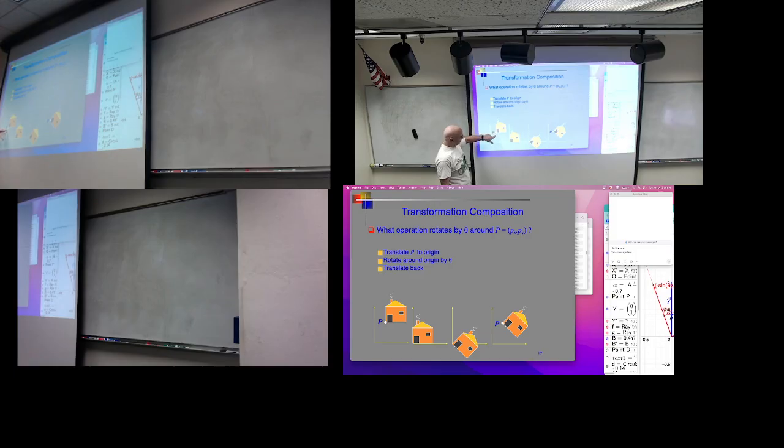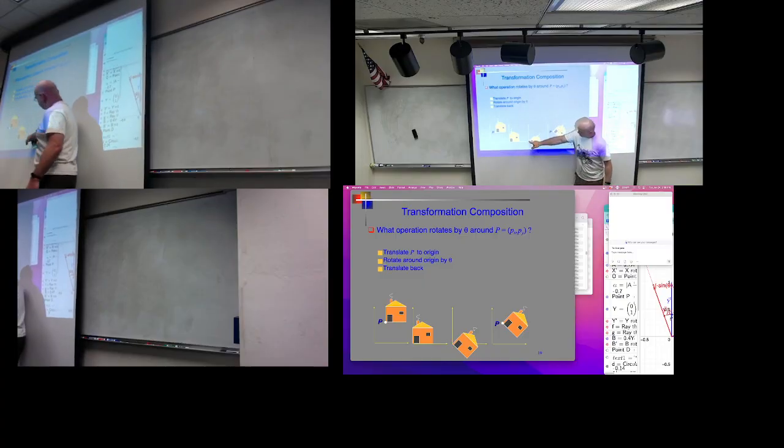Namely, I want to rotate the house around its corner. If I rotate it right now, it will rotate, but not around its corner. The house will move from here to here, which I don't want. I want to keep the house where it is, just rotate it somewhere around P. How would I do it? By a sequence of steps. Translate the whole space, that is, add minus P to each and every point in the house. By doing so, the corner of the house will coincide with the origin, x y.